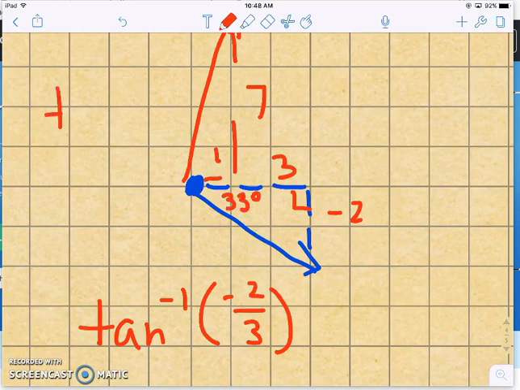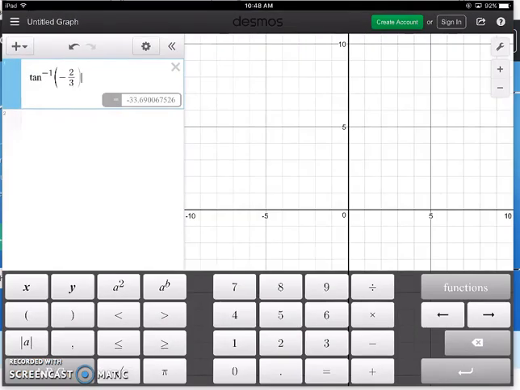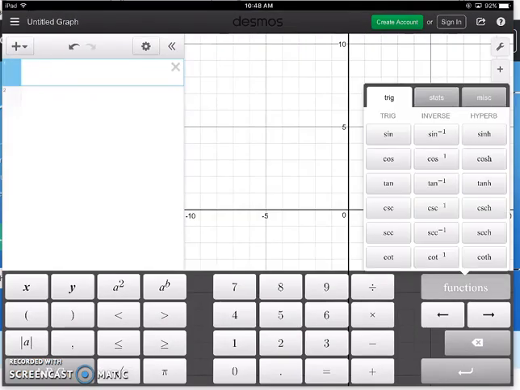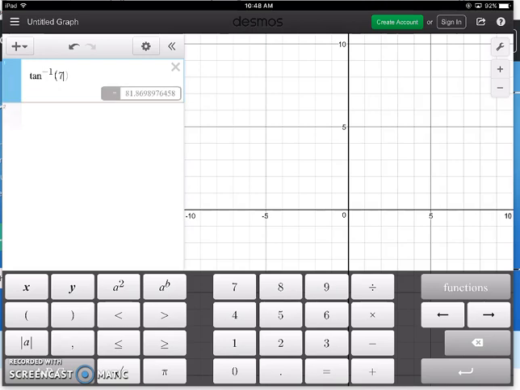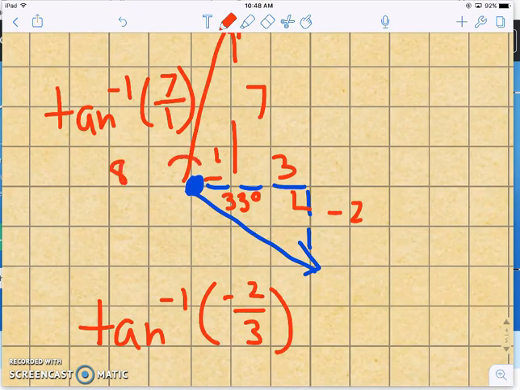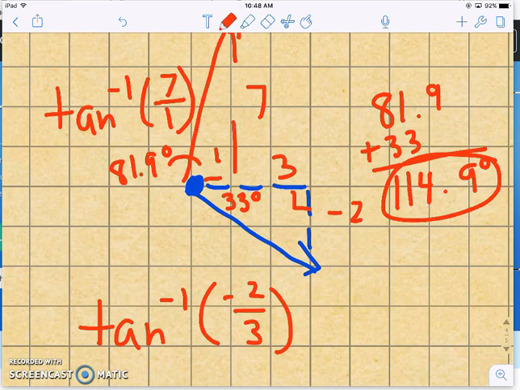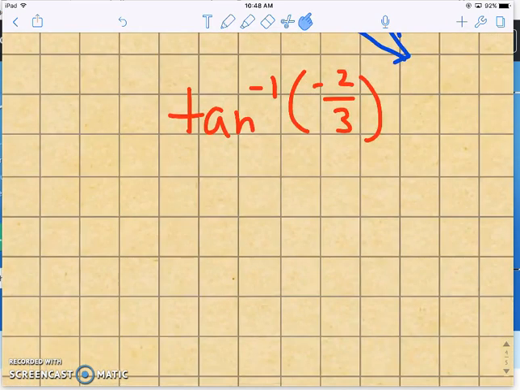And then this one, the inverse tan of opposite over adjacent. So the inverse tan of 7, 81.9 degrees. So this angle, 81.9 degrees, well, the two of them, we'd have to add them together. So 81.9 plus 33.9 for 114.9 degrees. So this trig is going to start coming back to us.